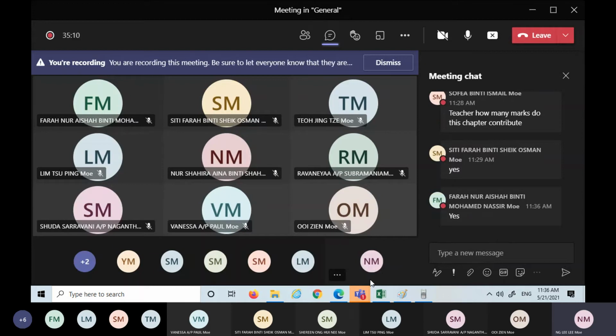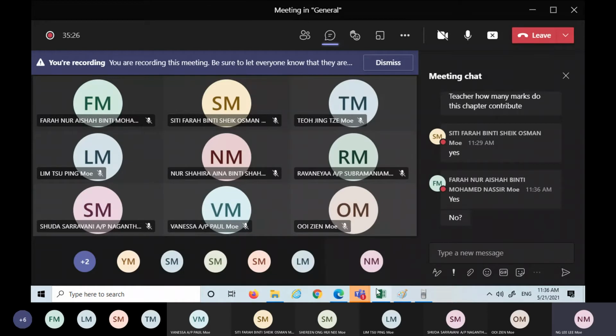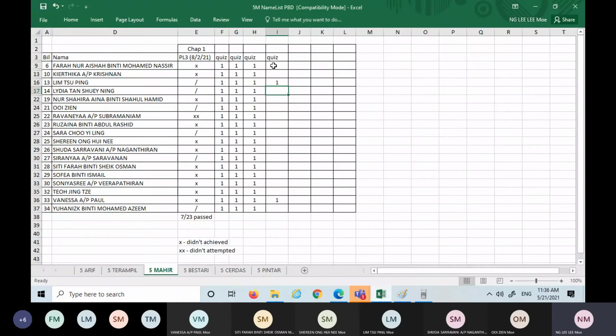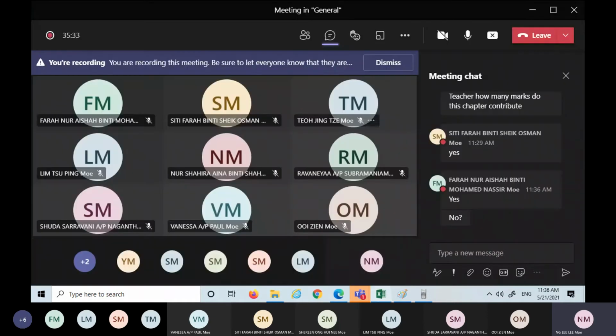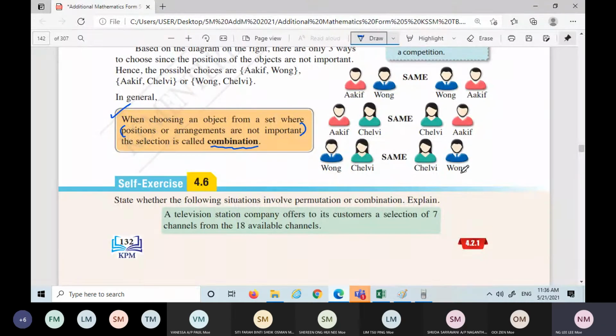Answer my question. Is the arrangement of the 7 channels important or not? Okay, thank you. The arrangement is not important, so I give you 1 mark. So the answer is no, the arrangement is not important, therefore this involves combination.